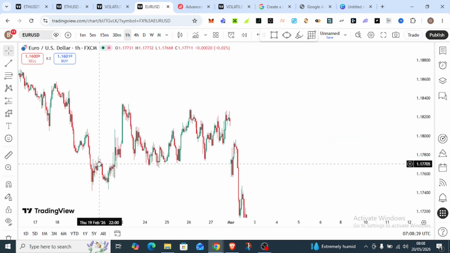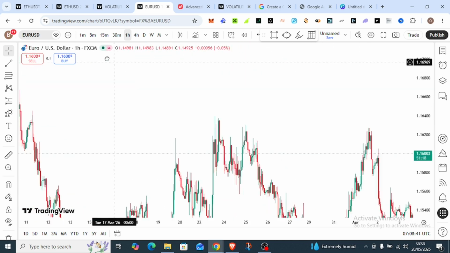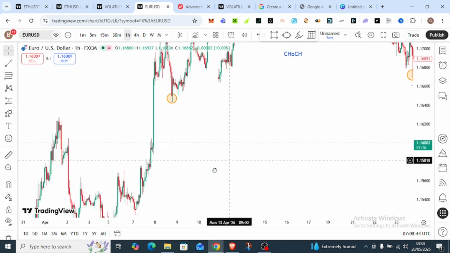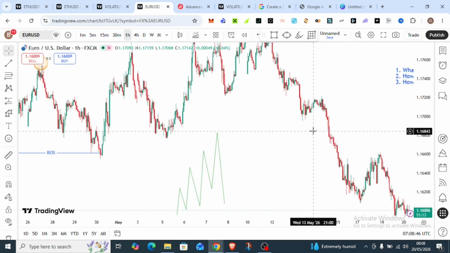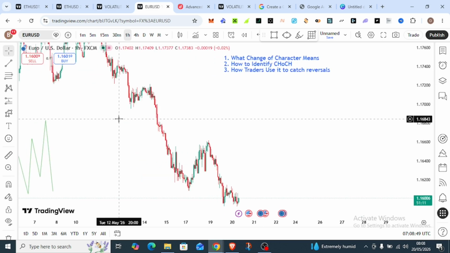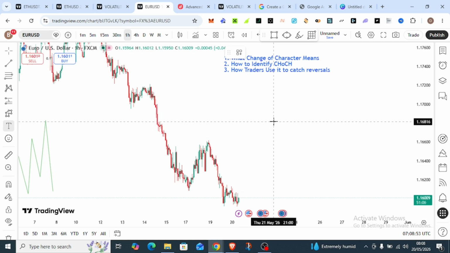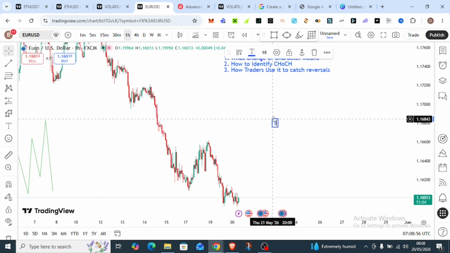For us to trade change of character as a beginner, there are some things you need to bear in mind. I will write them out. These are the steps you should follow. Number one, identify the current trend.